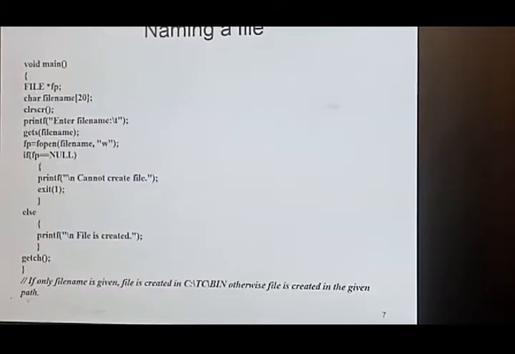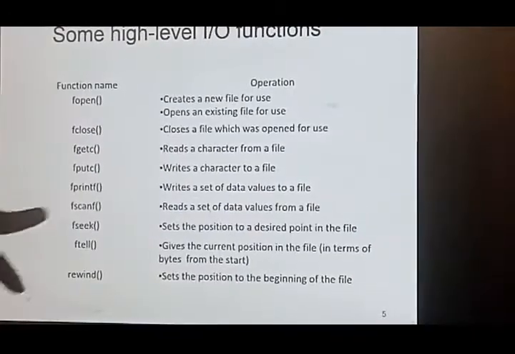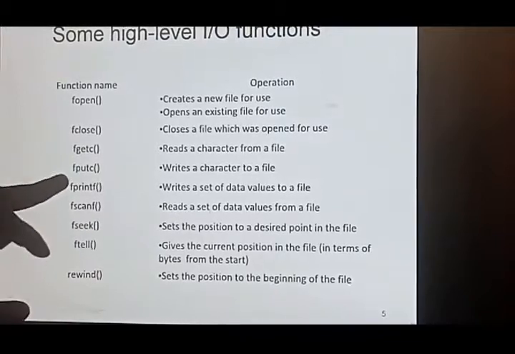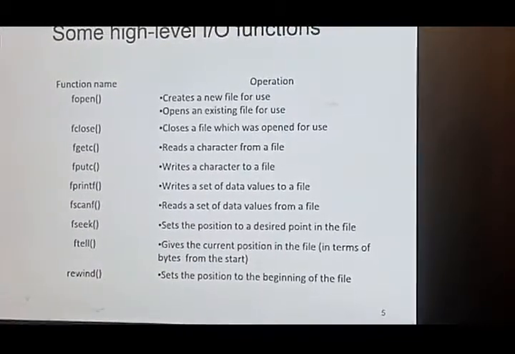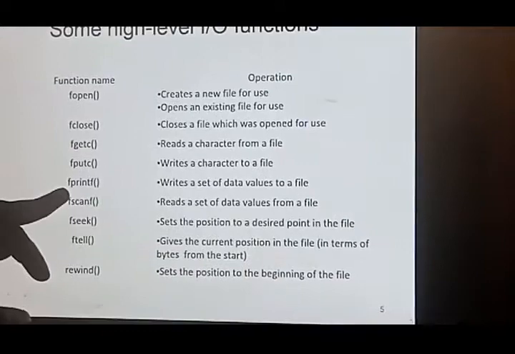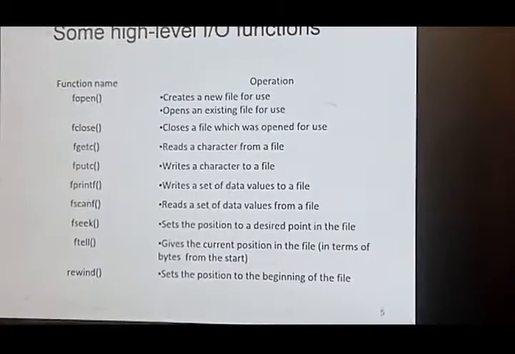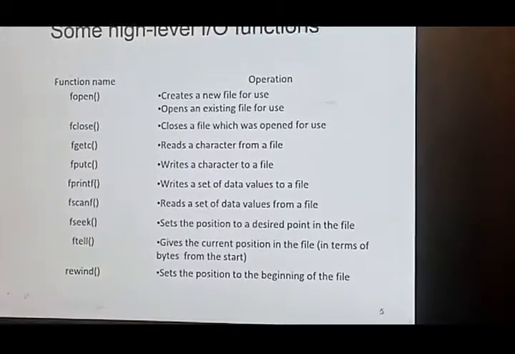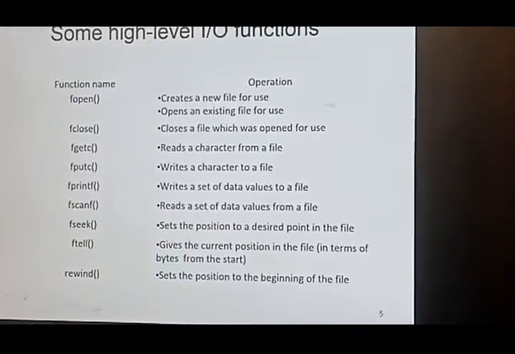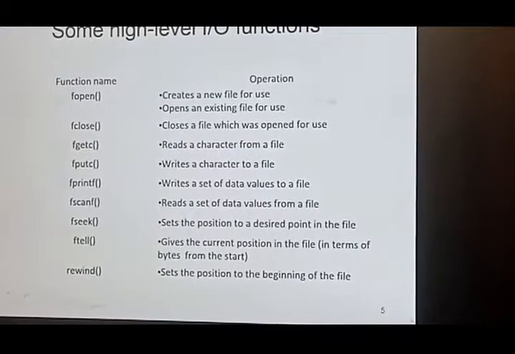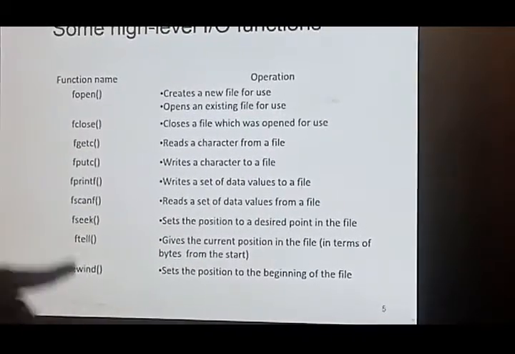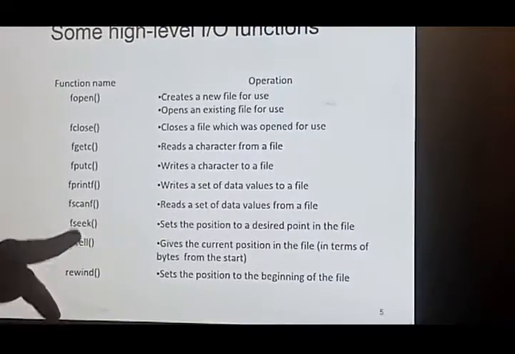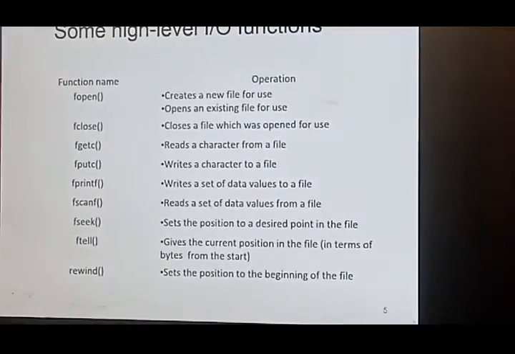Apart from this, you have two more functions, fprintf and fscanf. These are formatted I/O functions. fprintf will write the data to the file, and fscanf will read the data from the file. All these three functions deal with the random access file, and I will explain these things when we get to that.